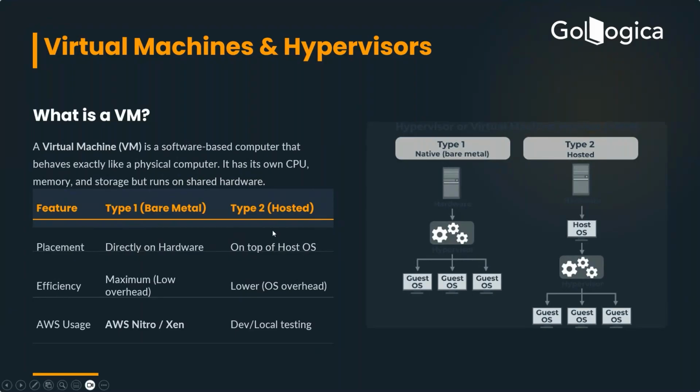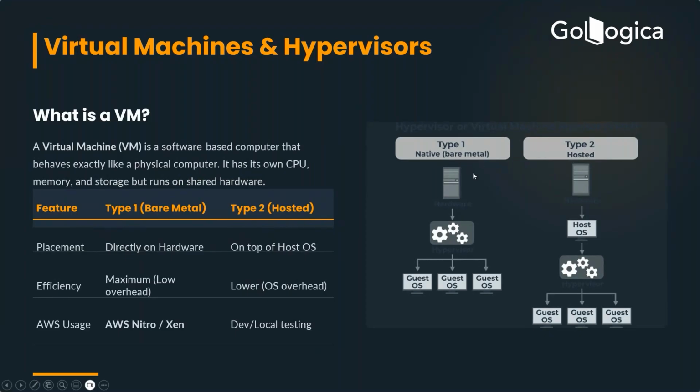First we install the operating system on our physical host, and then on top of that operating system we install the hypervisor. From this diagram you can see that type 1 is the native or bare metal hypervisor.